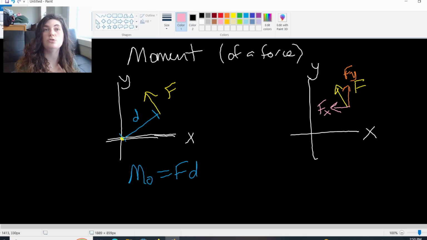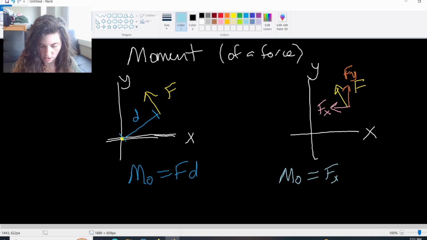And we can use the two distances that are perpendicular to those components. If we're not given the distance D, instead of calculating it, we can use these components in this equation. Moment about the origin is going to be the X component of the force times the Y distance, right?